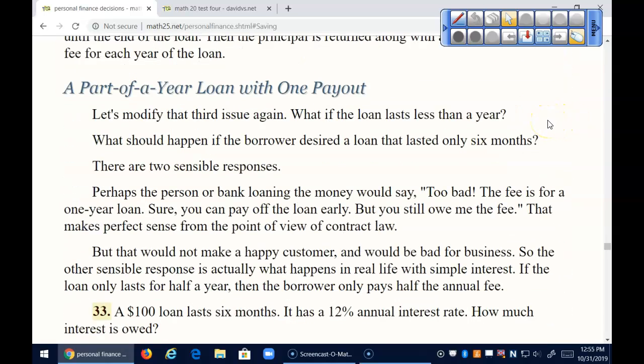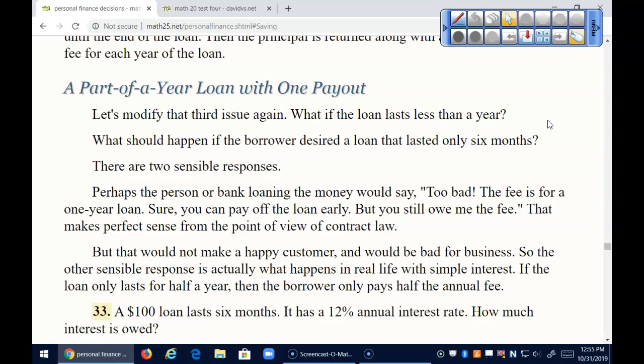Now, what happens if the loan lasts less than a year? There's 2 things that we could say. We could think, too bad, that's the fee. It's a 1-year loan. If you pay it back early, that's your business, but you still owe me all the fee. That would make sense, but that's not a happy customer. That's bad for business.